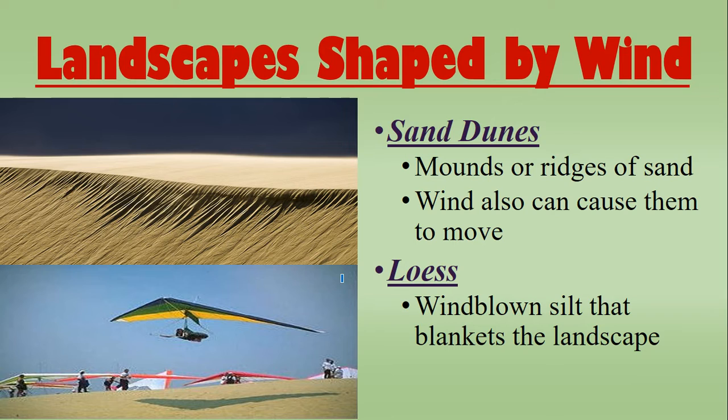Now, there are some things that are shaped by the winds, like sand dunes. You can see that up here. This is a mound or ridge of sand. Wind does cause them to move. I live in North Carolina right now. On the Outer Banks, there's a place called Jockey's Ridge, and it's a big giant sand dune. That's just the name of it. And it's moving.